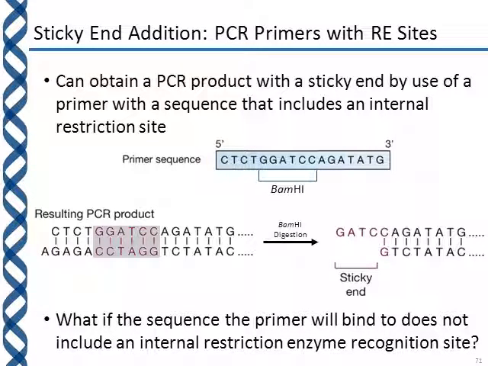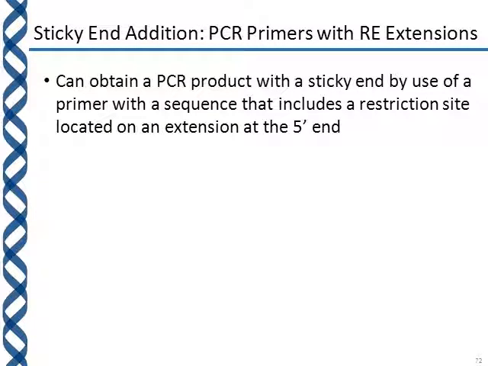But what if the sequence the primer will bind to does not include an internal restriction enzyme recognition site? Then the option would be sticky end addition with PCR primers with a restriction enzyme extension.